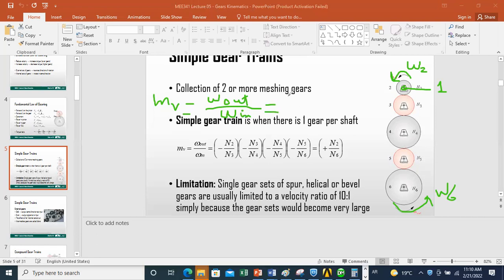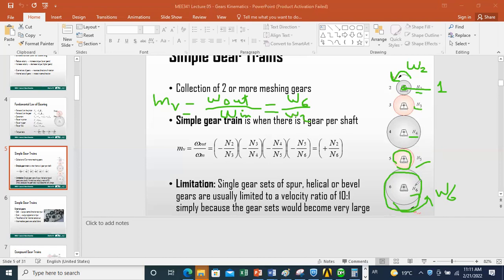We need to find the ratio omega_6 over omega_2. So let us divide it into parts, because as you can see, gear 6 is in direct mesh with gear 5. So we can find the ratio omega_6 over omega_5 as inversely proportional to the number of teeth. And here we provide you with the number of teeth of each of our gears.